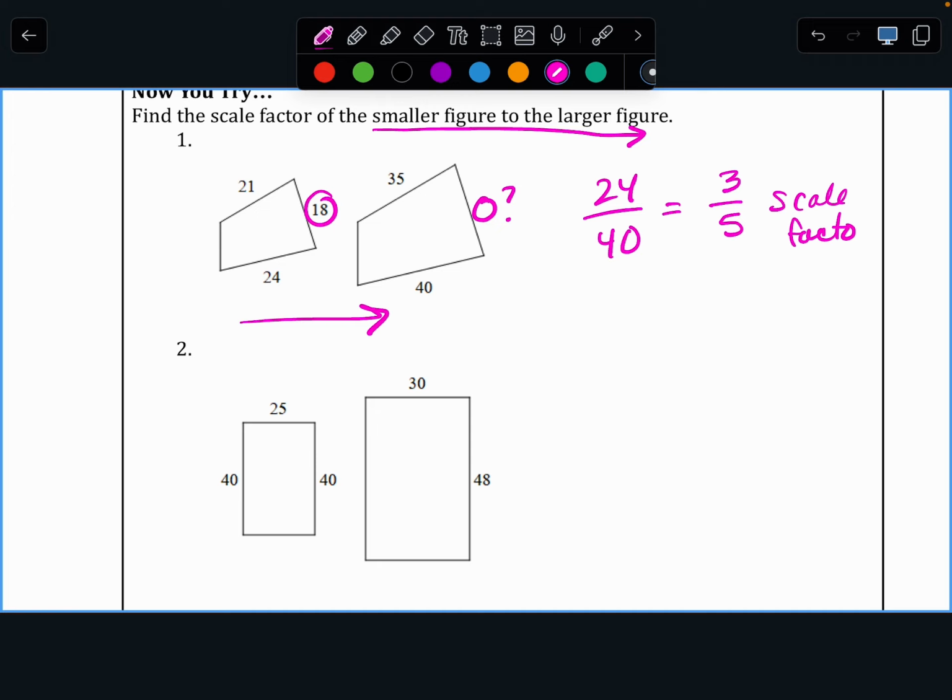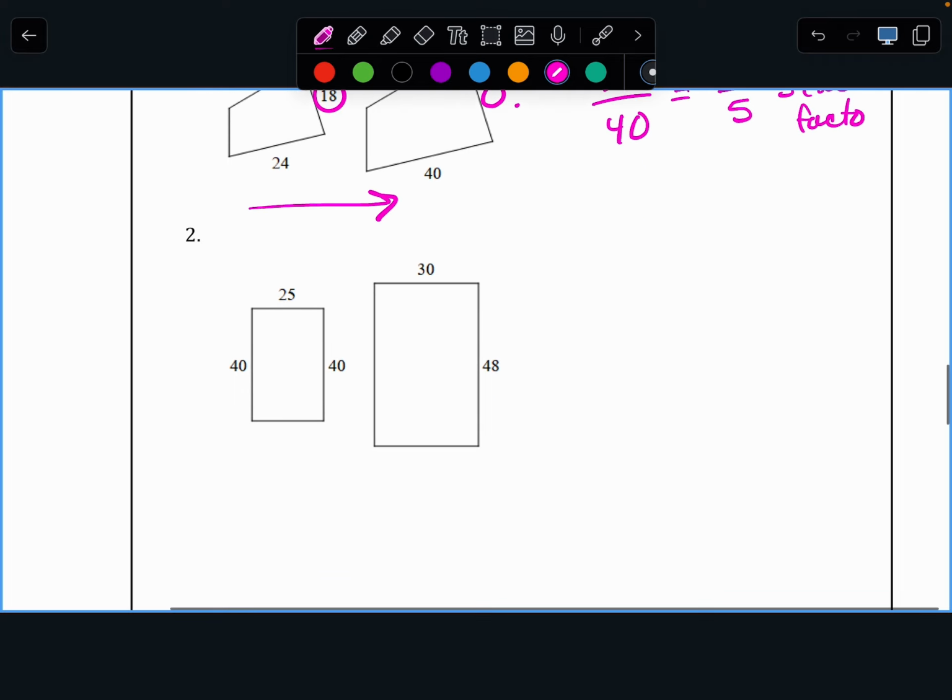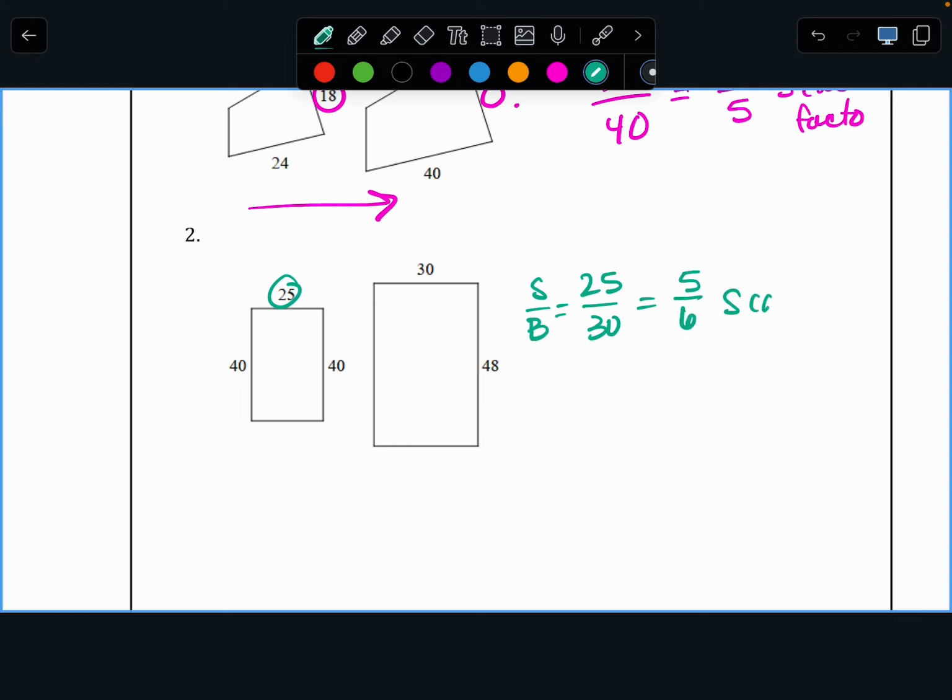And when I simplify that, that's 3/5. So that means that for every 3 units in the small one, I go 5 units in the bigger one.